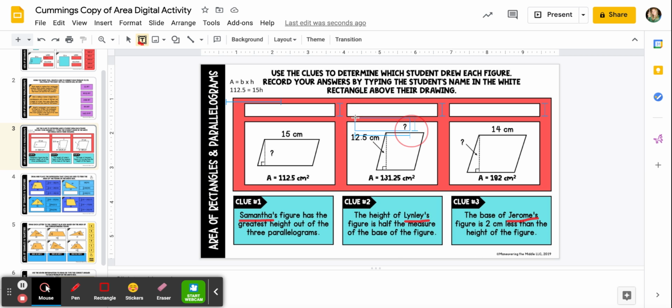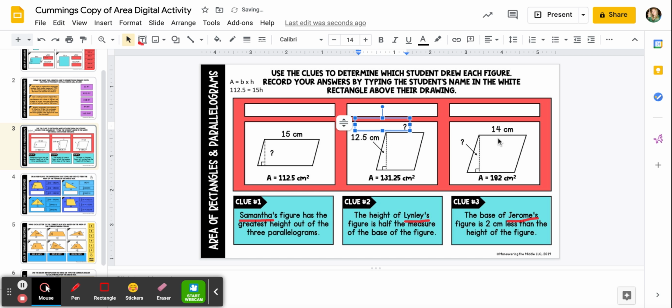Over here, they're all A equals base times H. So area equals base times height. And then the next portion of that is going to be A equals, they give us the area, 131.25 equals, this time they give us the height, but they don't give us the base.